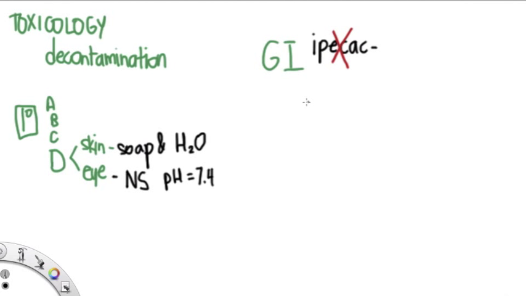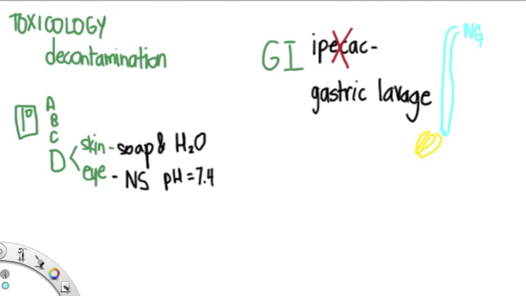The next method of GI decontamination is called gastric lavage. And this is what was commonly called pumping your stomach. And the way it's done is by sticking a tube down the esophagus into the stomach and sucking out whatever's in there. So if you have some pill in the stomach, you're not going to just stick some small NG in there, because that nasogastric tube is not going to be big enough to suck up a pill.